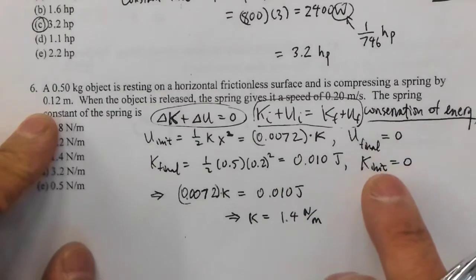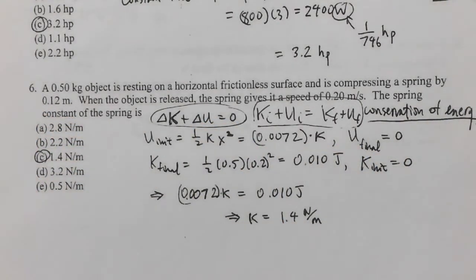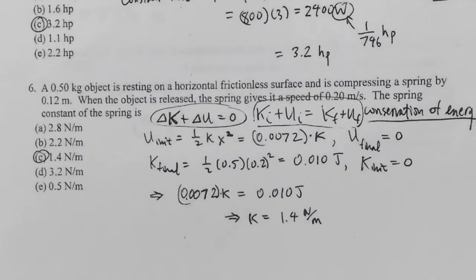Then U final, that's when the spring has released the ball. If you just think about what's going on, after it gets to the equilibrium point, the spring is pushing the ball. It doesn't also pull the ball in as well. So once it gets to the equilibrium point, the ball dislodges from the spring, and so the spring doesn't have any potential energy anymore.